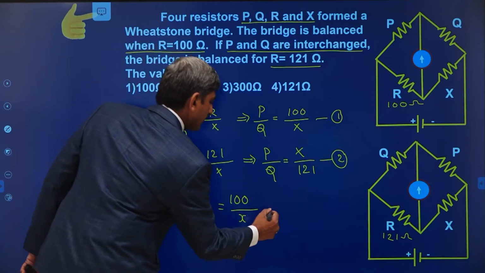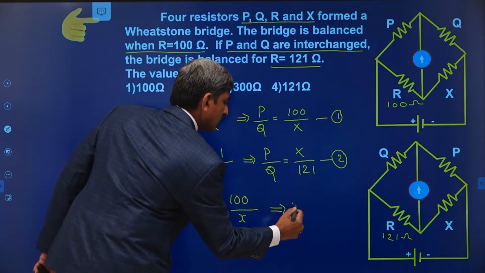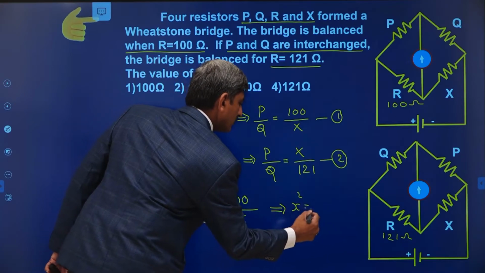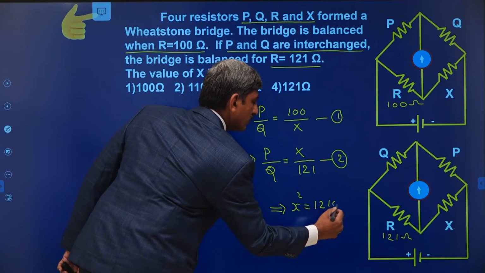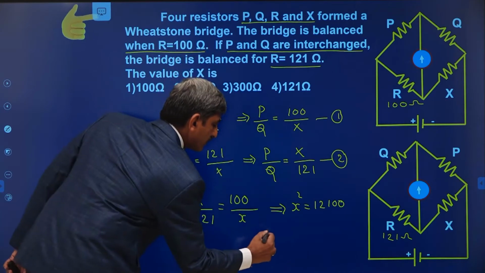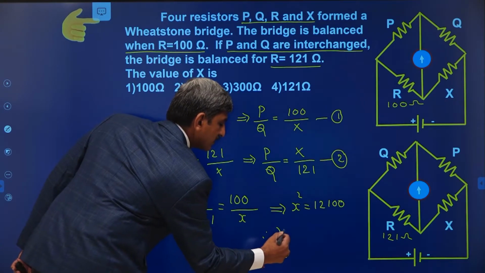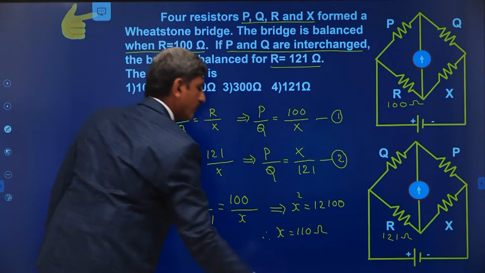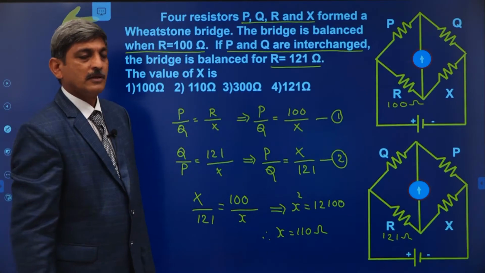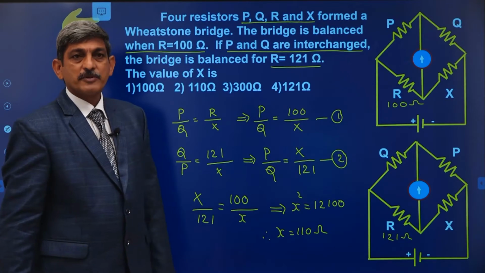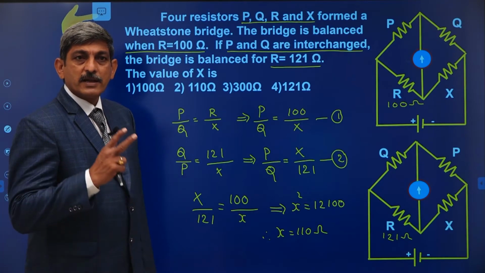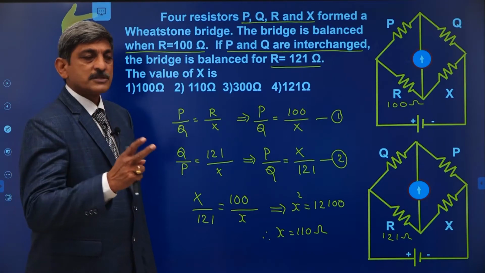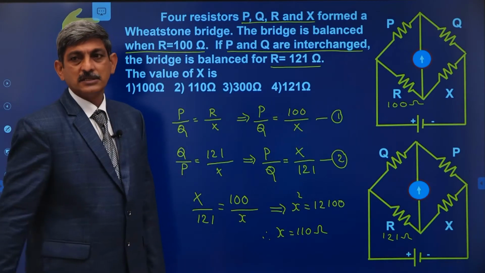So by taking cross multiplication, we have X square is equal to 12100. From this we have X is equal to 110 ohms. So like this, we can solve the problem by applying the balancing condition 2 times for the 2 cases.